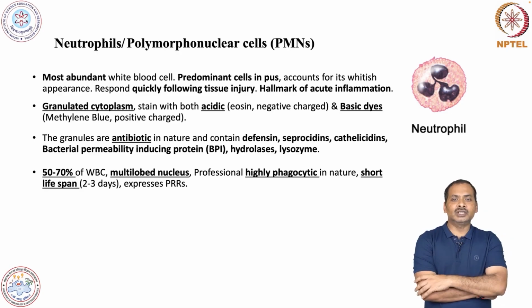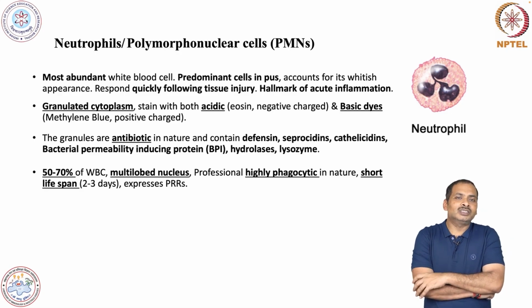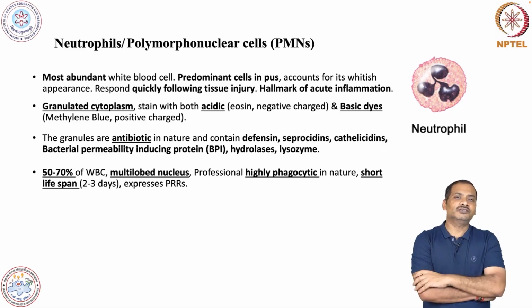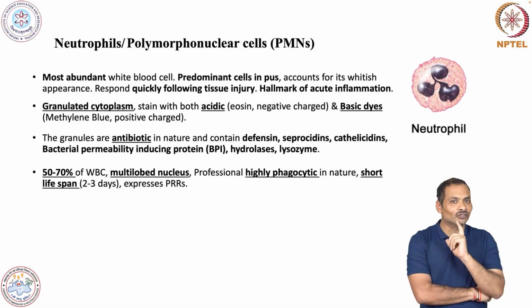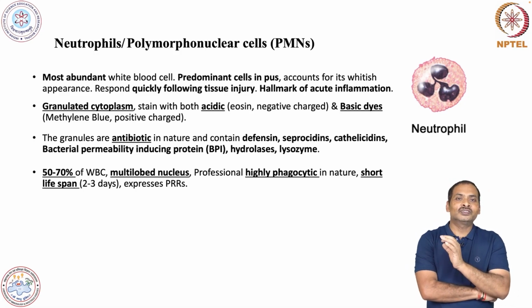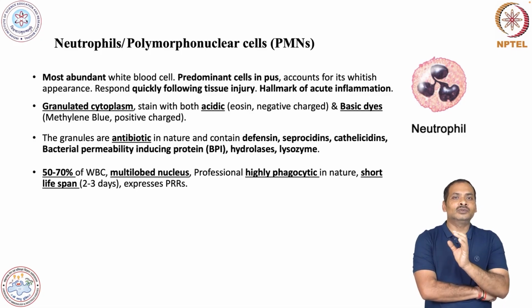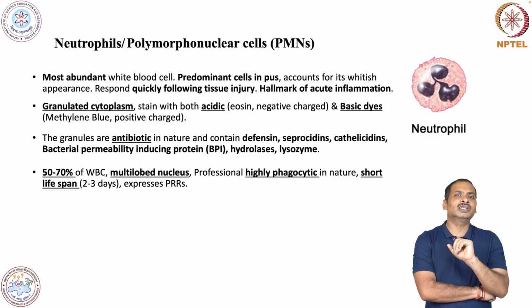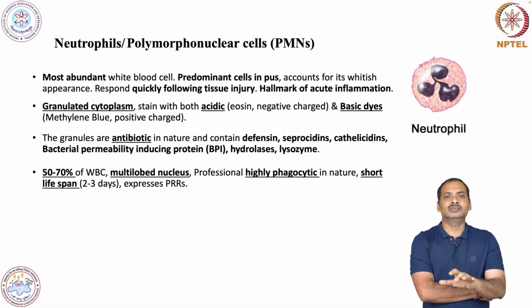Having multiple nuclei, they are phagocytic as I told you, and one very important thing is that they have a very short lifespan, that is 2 to 3 days, but they are very aggressive. Very aggressive means if the neutrophil sees the pathogen, then it will kill the pathogen.